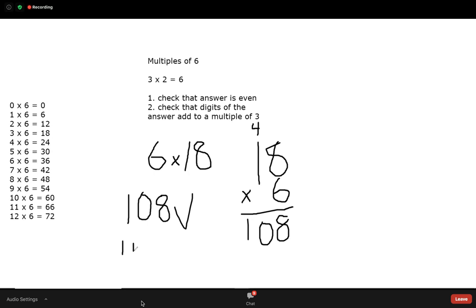And the way to check it for the 3s check is to add up all the digits and see if it's a multiple of 3. So we'll add up 1, 0, and 8, which will add up to 9. And 9 we know is a multiple of 3 because 3 times 3 is 9. So if 9 is a multiple of 3, then 108 is also a multiple of 3, and 108 is a good answer. That will be our answer.